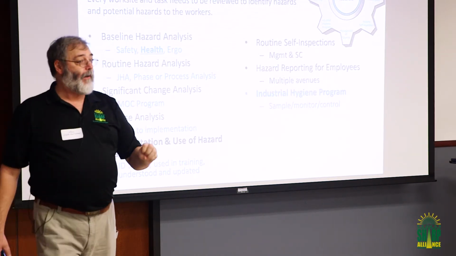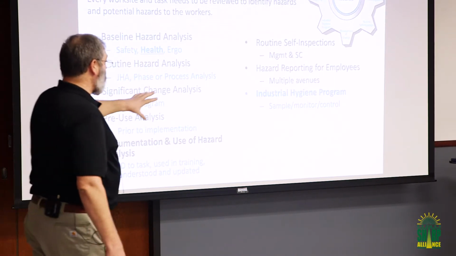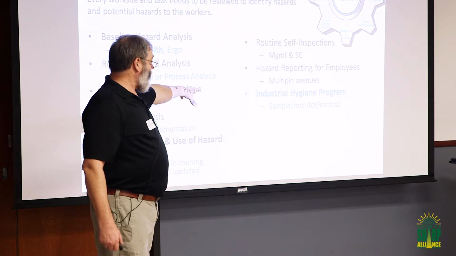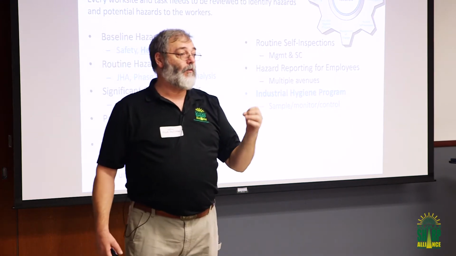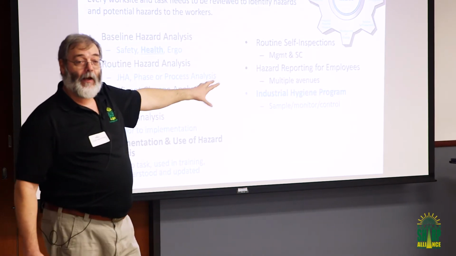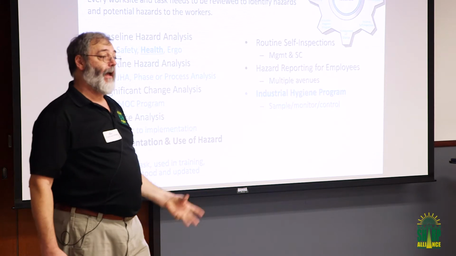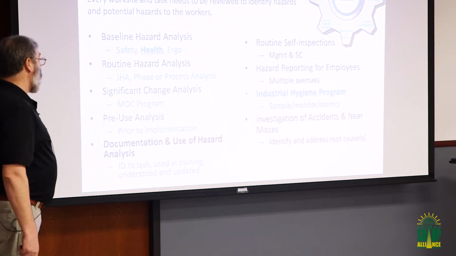Now, we talk about the industrial hygiene program, and again, this is a VPP requirement. It's about sampling, about monitoring, about controlling the health hazards associated with the job. This is the key. This is why we're here today, to find out how our industrial hygiene program is going to make our safety and health management system stronger.